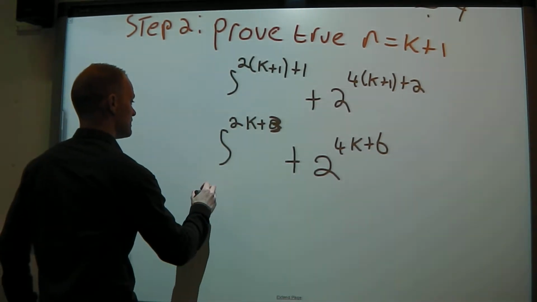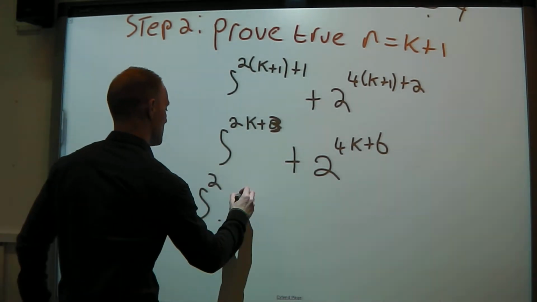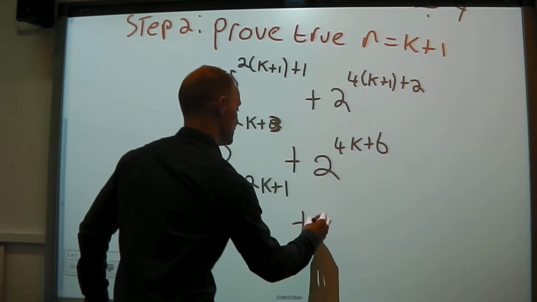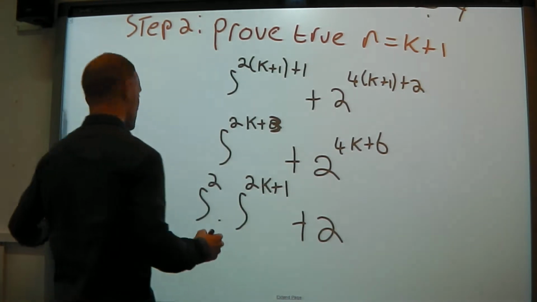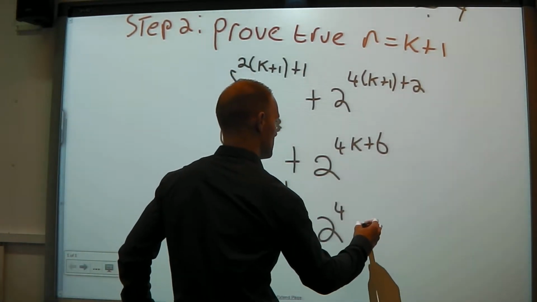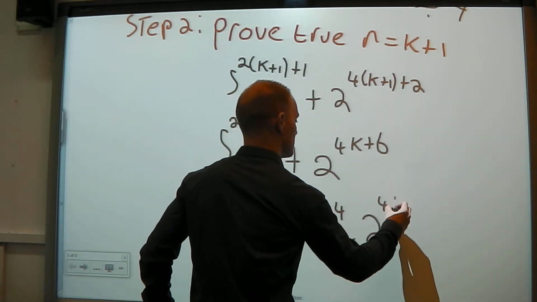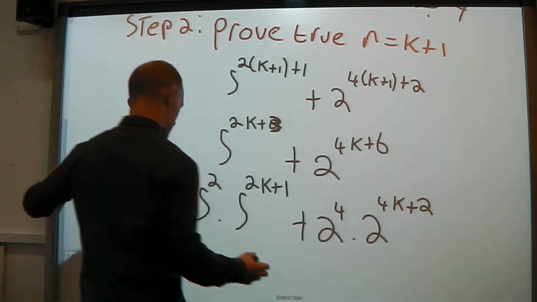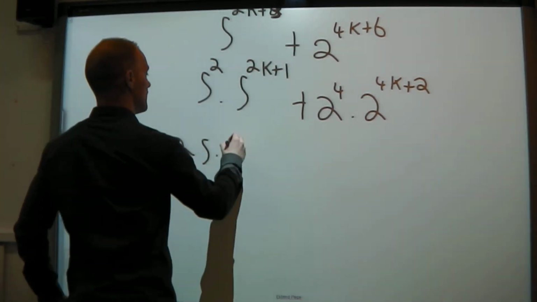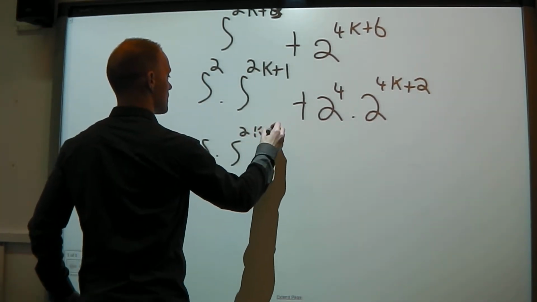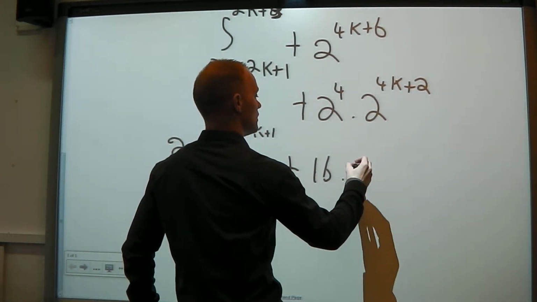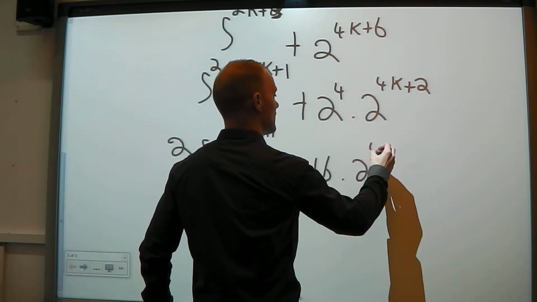So that is the same as 5 squared times 5 to the power of 2k plus 1, plus, well, we want 4k plus 2, so that's 4 times 2 to the power of 4k plus 2, I mean 2 squared times. And that is equal to 25 times 5 to the power of 2k plus 1 plus 16 times 2 to the power of 4k plus 2.